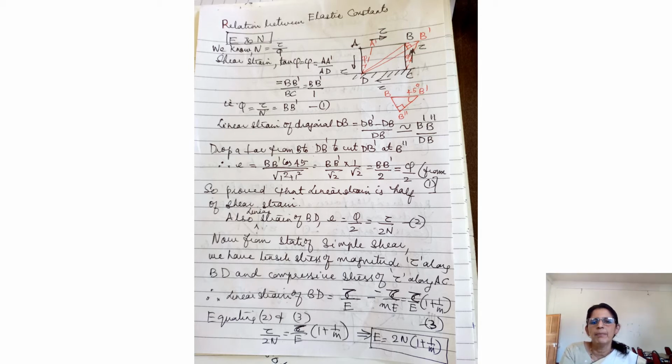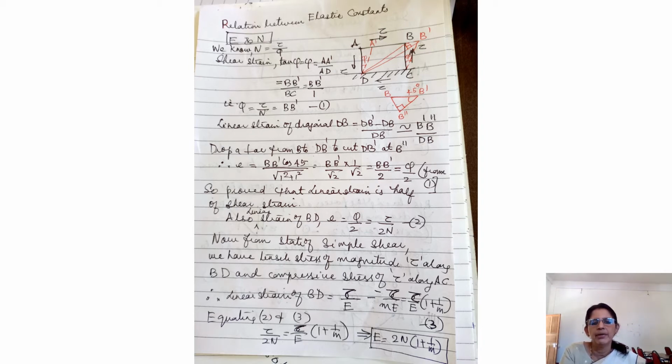That is, you drop a perpendicular from B dash to DB dash, so that this cuts at B double dash. And this is 90 degrees and this angle is taken as 45 degrees. So approximating that, you get it as B dash B double dash by DB. Then from this triangle which I have taken as a bigger figure, this B dash B double dash is equal to BB dash cos 45.